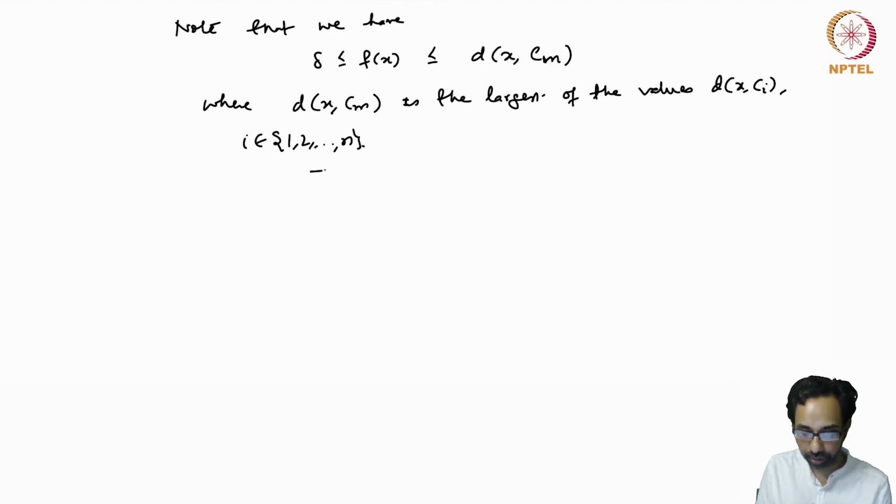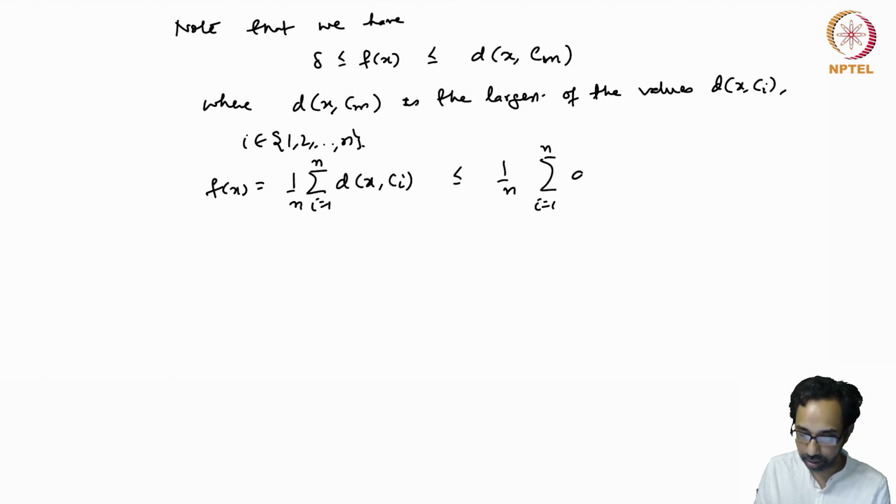So this is because we have f of x, which is just 1 over n times the summation of d(x, ci) from 1 to n, and if you take the maximum of all these numbers, this is less than or equal to 1 over n times the sum from i equals 1 to n of d(x, cm).